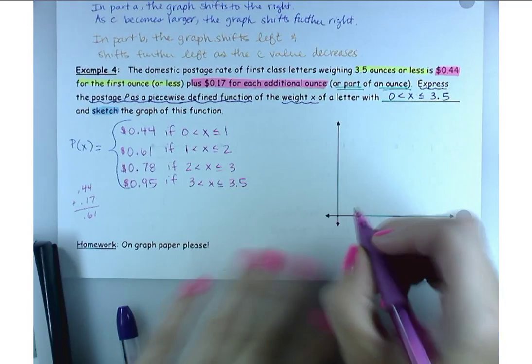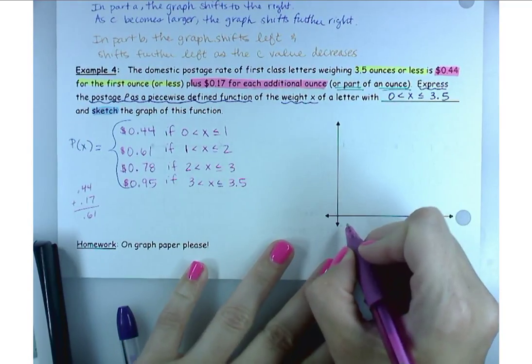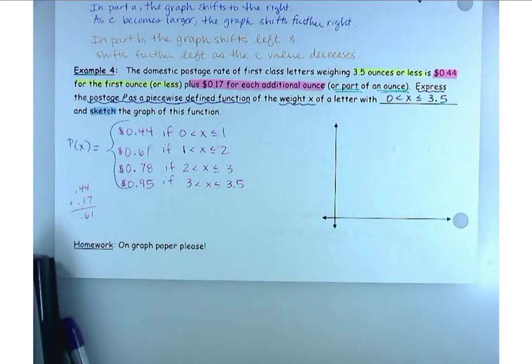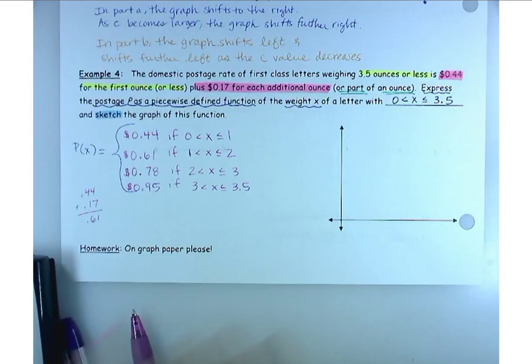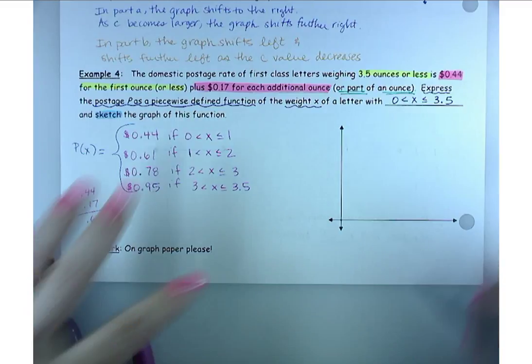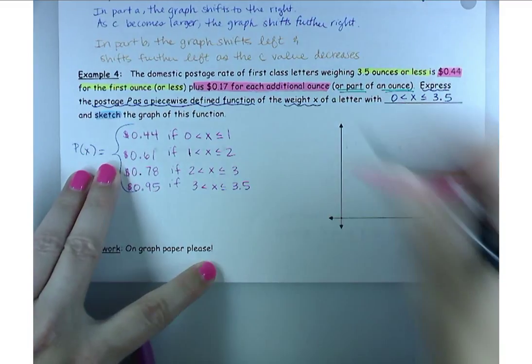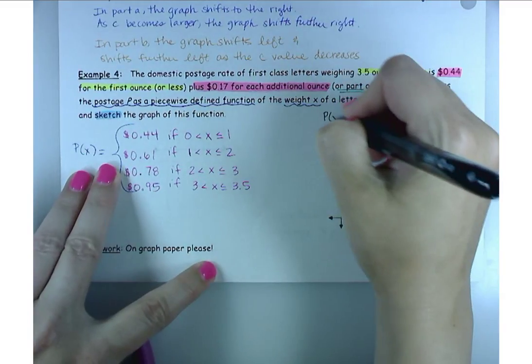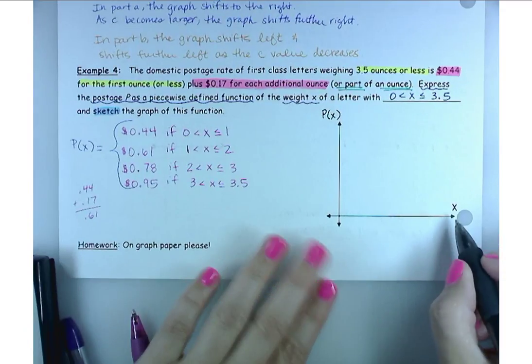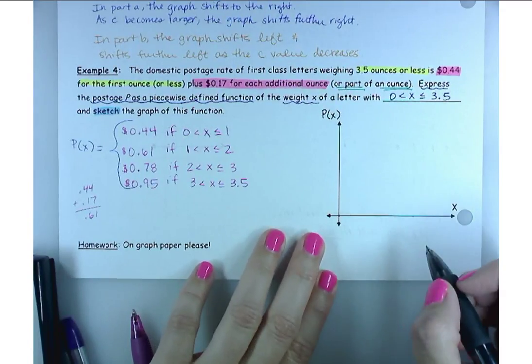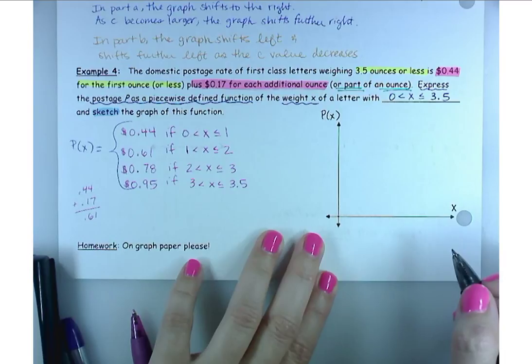Okay, so we're going to go ahead and graph this, and I'm going to label my graph. On the bottom, that is my x value. This is going to be my p of x. And the x value represents the what? What does x represent?